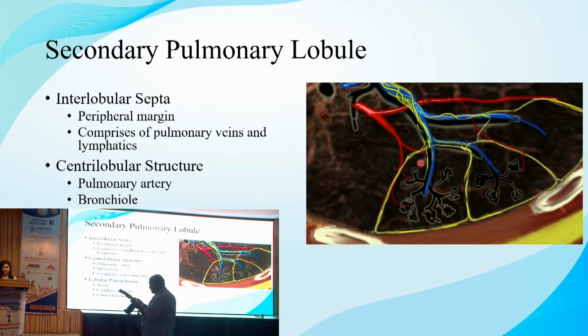In the center, we have the centrilobular structure, that is the pulmonary artery marked in blue, and the black colored is the bronchiole. Together, they form the bronchovascular bundle, which is itself surrounded by its own connective tissue and the interstitium. And the third, surrounding this centrilobular structure, is the lobular parenchyma per se.